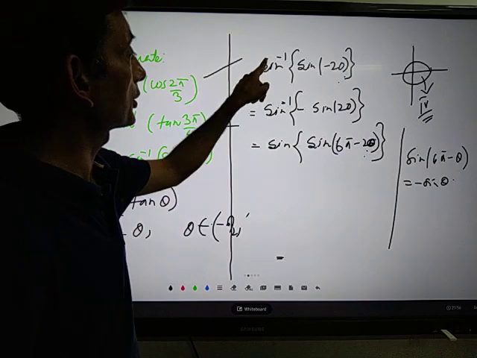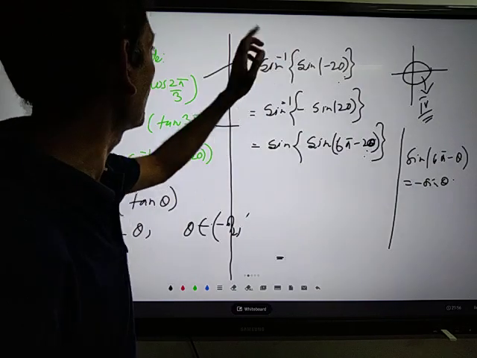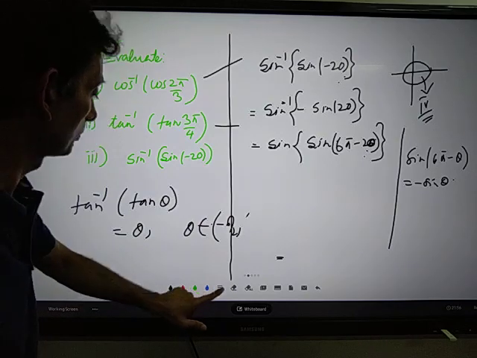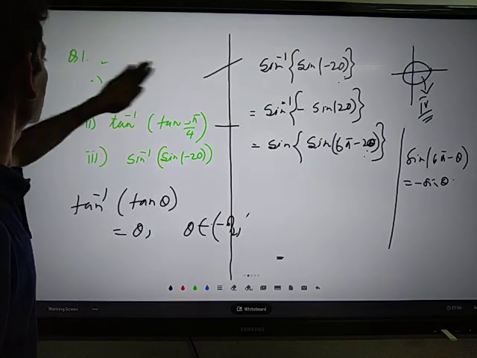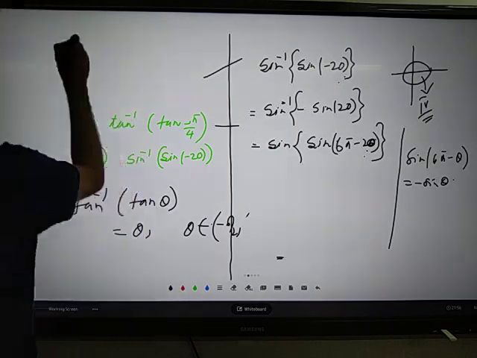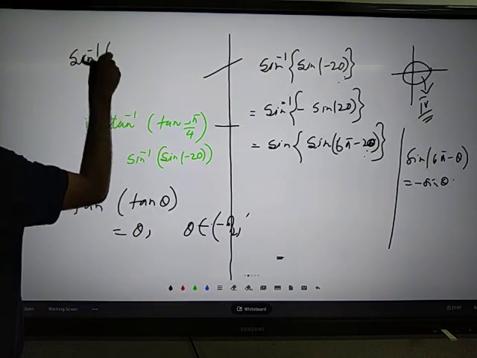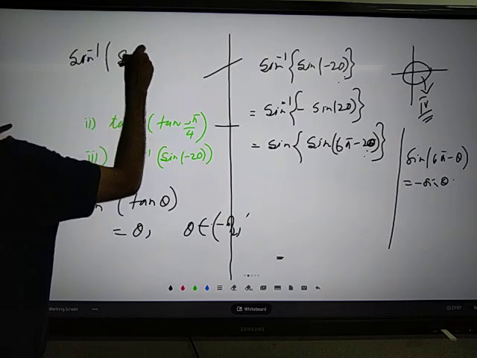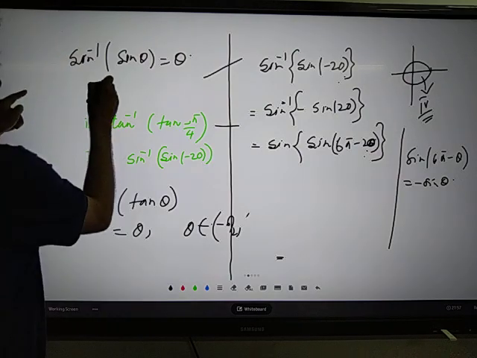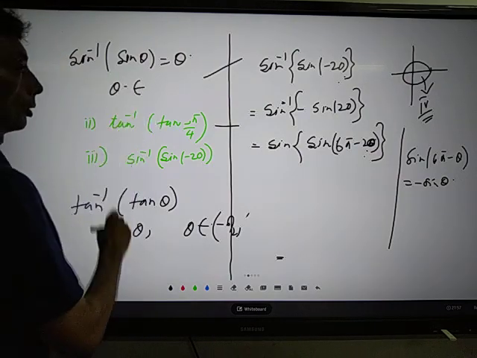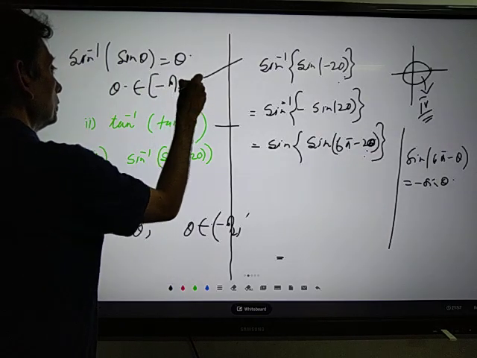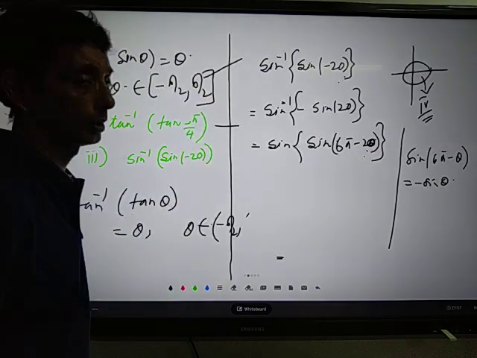Remember this. This is the sine function, so let us see the property of sine. What is that property? Just now we proved this: sine inverse sine theta equals theta, in case theta belongs to minus pi by 2 to plus pi by 2.